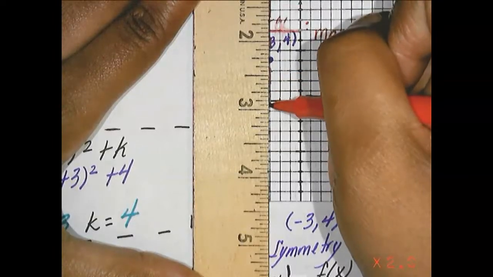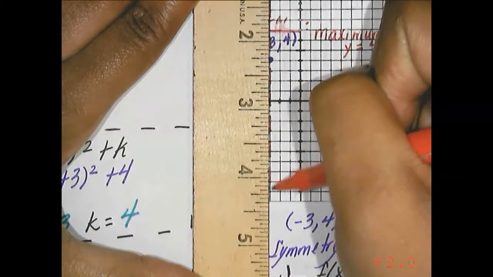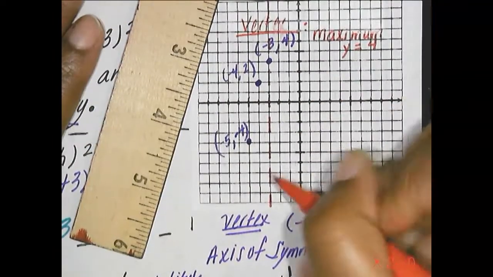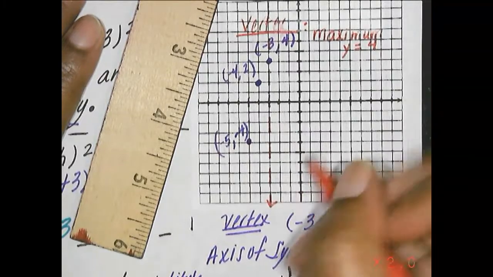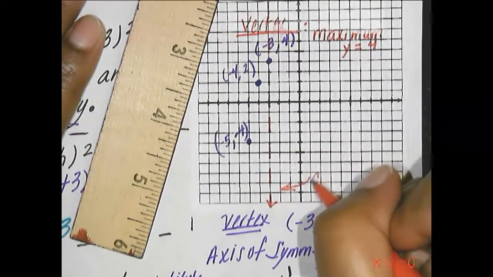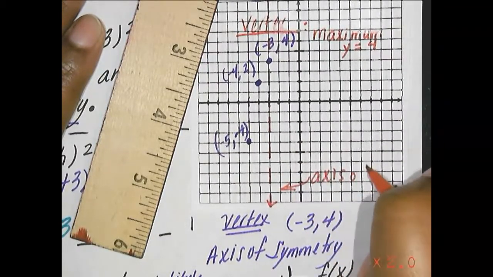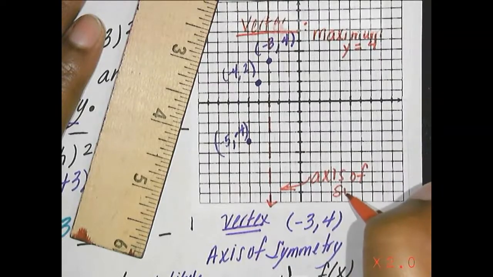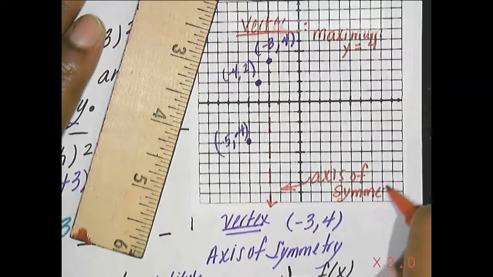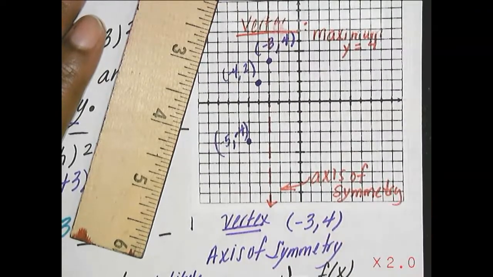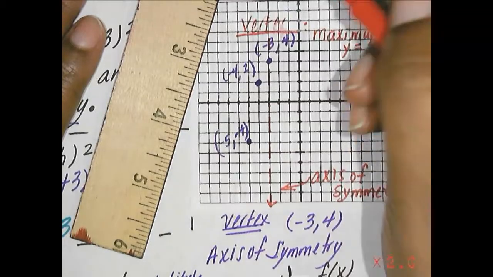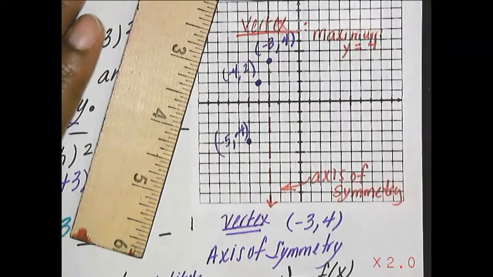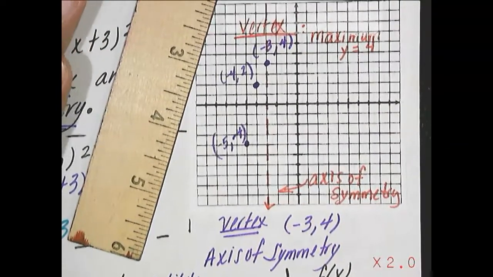It could be a solid line, but for the most part, you will see it noted with a dotted line. That dotted line represents the axis of symmetry. And if you missed it on the first video that I made, I told you how you can recognize the axis of symmetry.